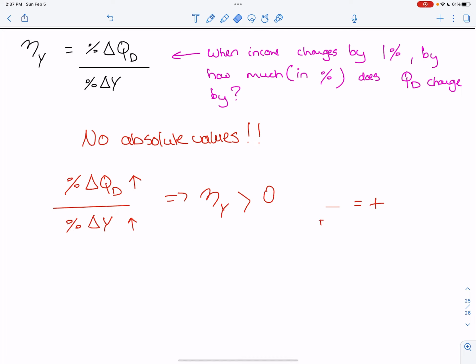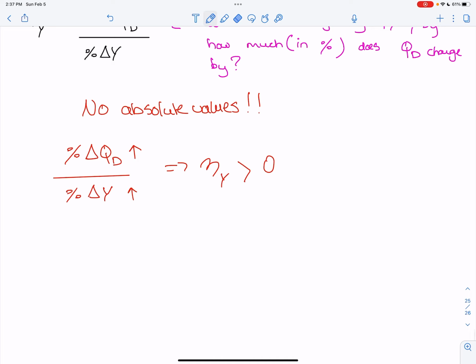But of course, if you have the opposite situation, right? Let's say when your income goes up, quantity demanded actually goes down, right? So in this case, you would have a positive quantity in your denominator, and you would have a negative quantity in the numerator, right? A change downwards is a negative change, and this would result in a negative number, right?